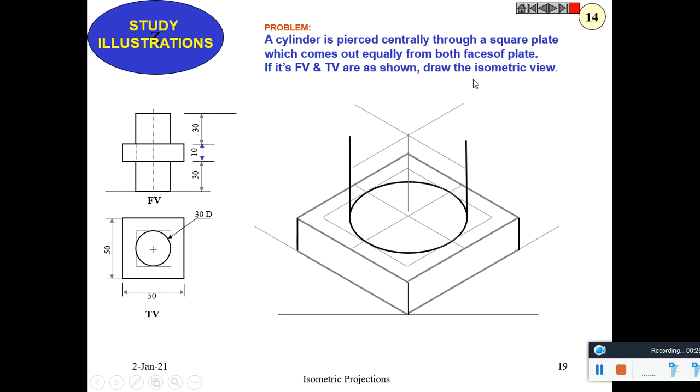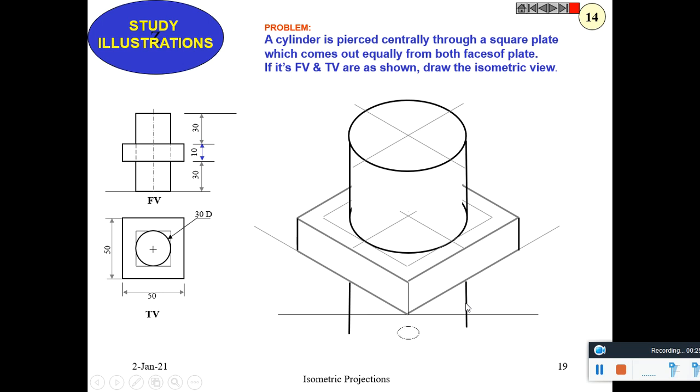Another ellipse is constructed at the top. It cannot be seen, and it is piercing outwards at the back also. So this is how a cylinder pierces out of a square plate.